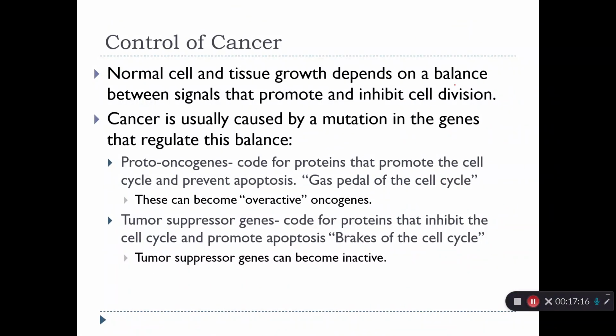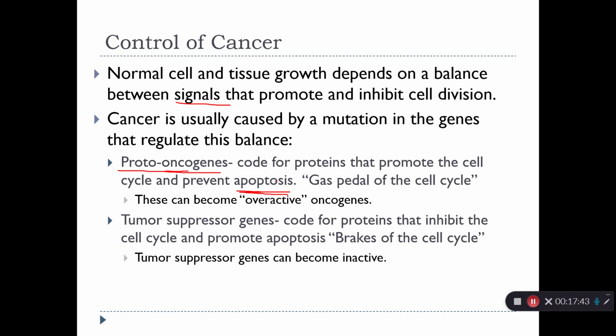Normal cells have these checkpoints. Normal cell and tissue growth depend on a balance between checkpoints or signals, and cancer cells usually don't have those. So we have proto-oncogenes. Onco is cancer. They have checkpoints, and they code for proteins that promote the cell cycle and prevent apoptosis.